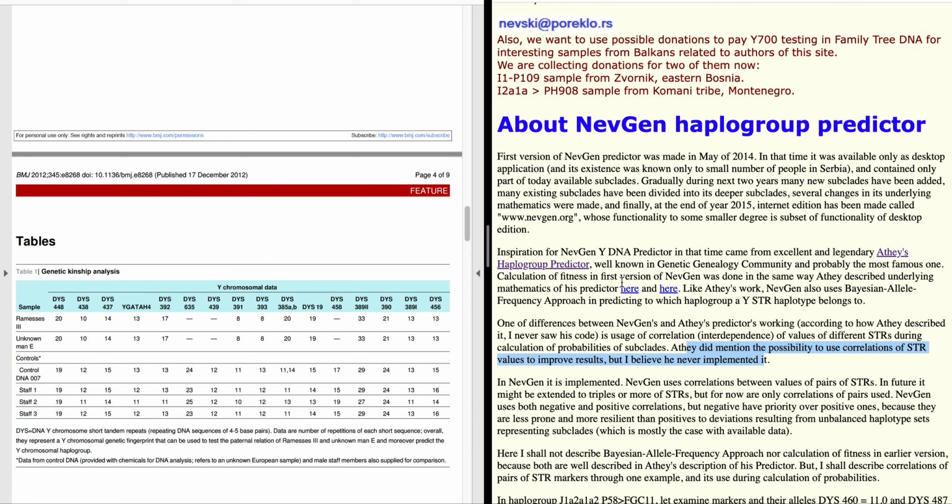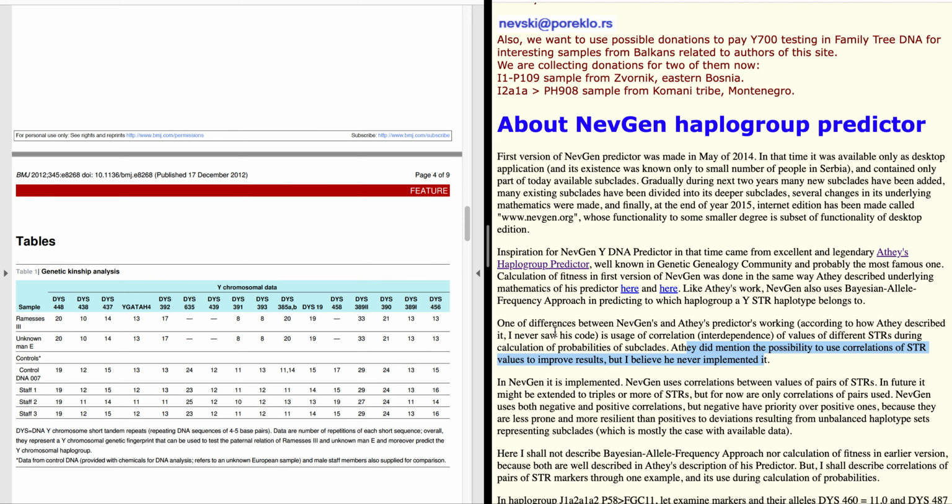Calculation of fitness in the first version of NevGen was done in the same way Athey described the underlying mathematics of his predictor. Like Athey's work, NevGen also uses a Bayesian allele frequency approach in predicting which haplogroup a Y-STR haplotype belongs to.